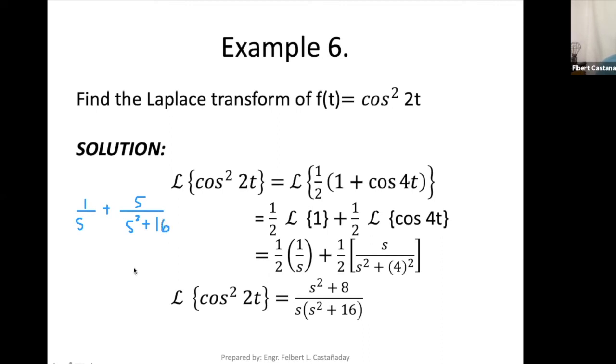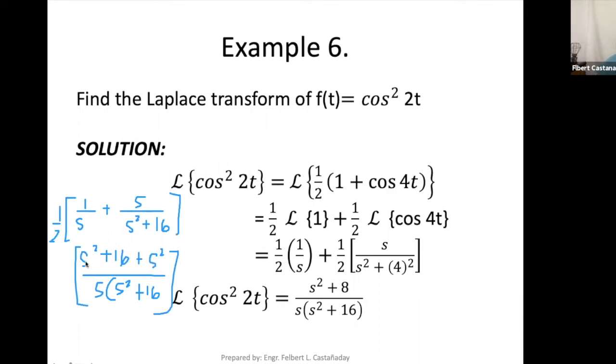Cross multiply, so we have s squared plus 16 plus s squared, and the denominator will be s times s squared plus 16. Since we have 1/2 factored out, you put 1/2 here, and then you can combine like terms, s squared plus s squared.